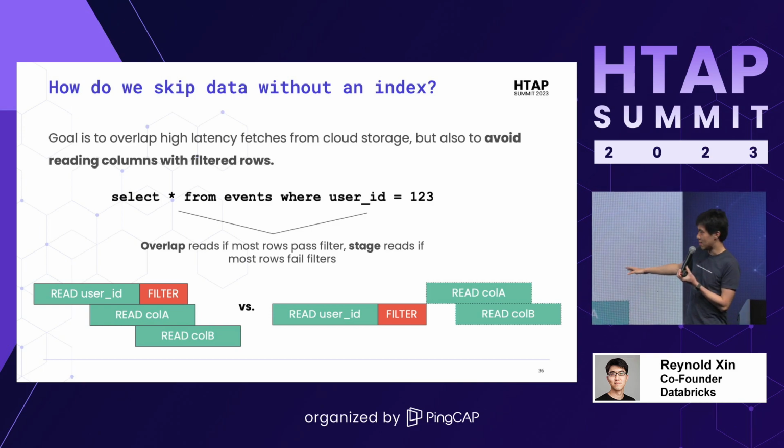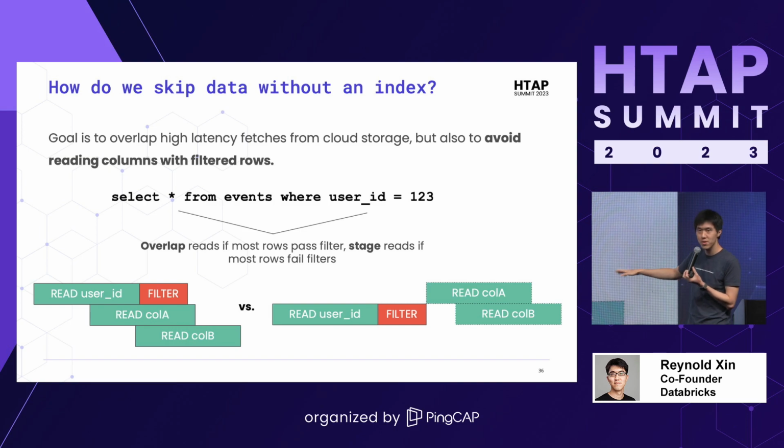An alternative plan is you read the user ID column, which, because it's an integer, tends to be highly compressed. So you can read it extremely fast, as if it's an index. And then you run the filter, and if the filter has any match, you go read column A and column B. So in the former plan, if the filter has no match, we're wasting resources.